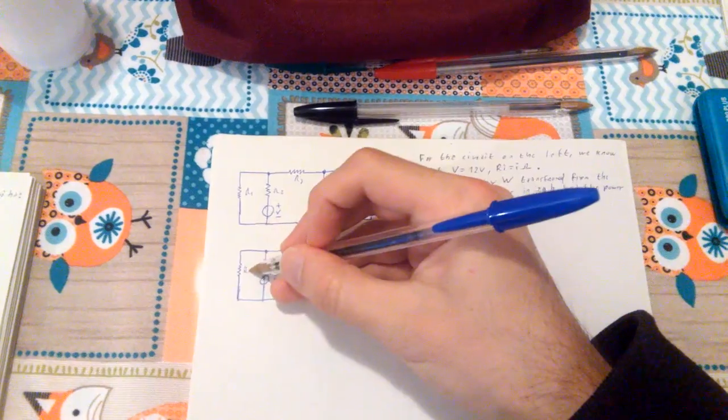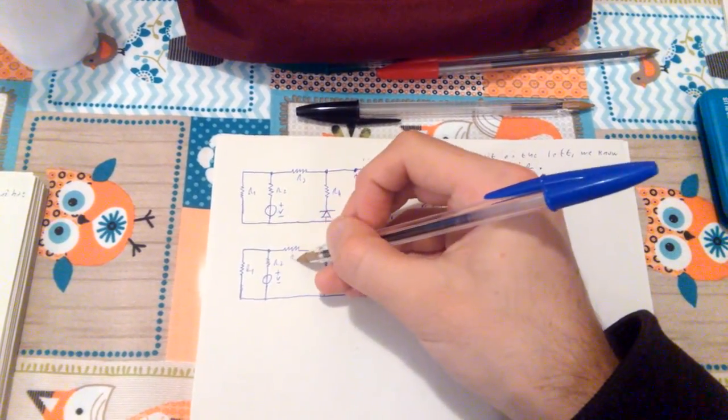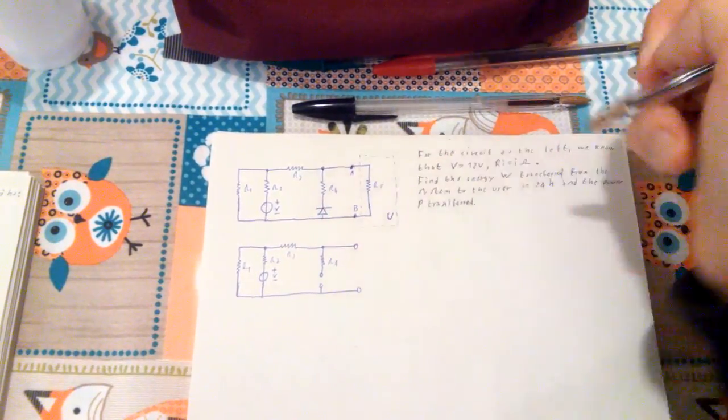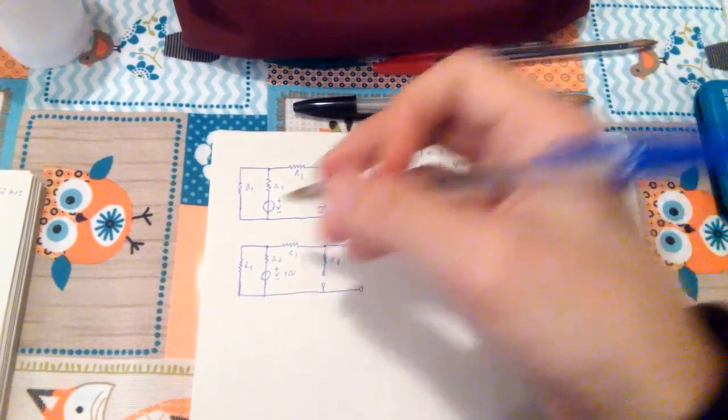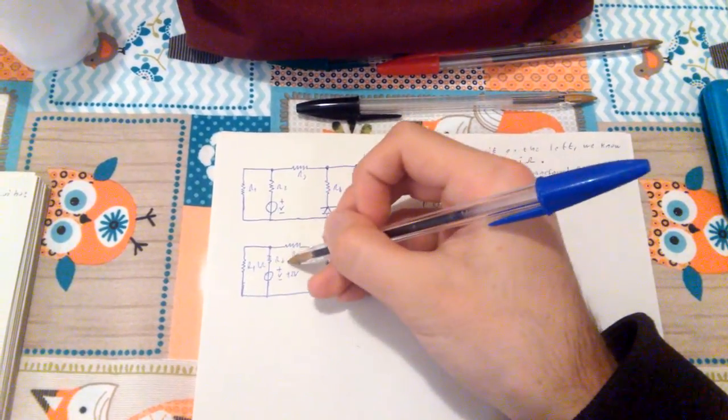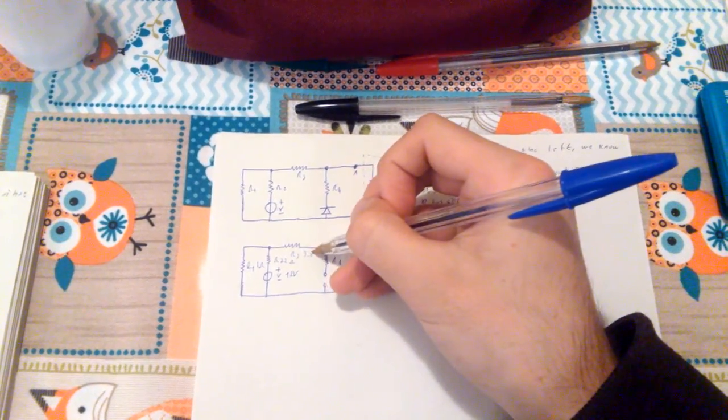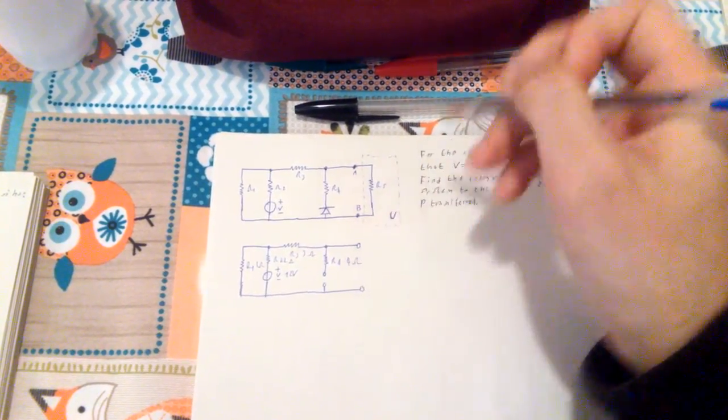So this is still R1, this is R2, this is R3, this is R4. The values: this is 12 volts, R1 is 1 ohm, 2 ohms, 3 ohms, 4 ohms.